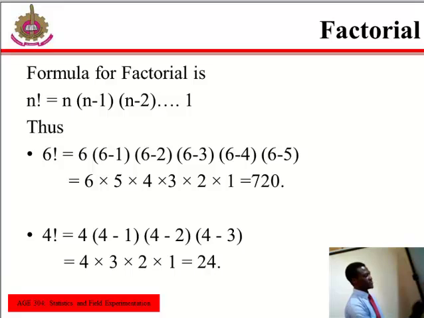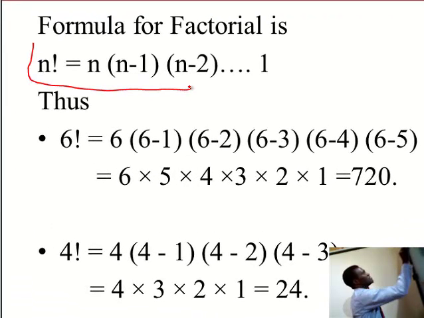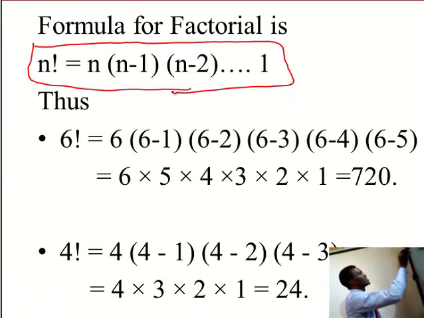Given on the board is the formula for calculating factorial, and this is given by n factorial, just like I explained earlier: n times (n minus 1) times (n minus 2) times (n minus 3) down to 1.